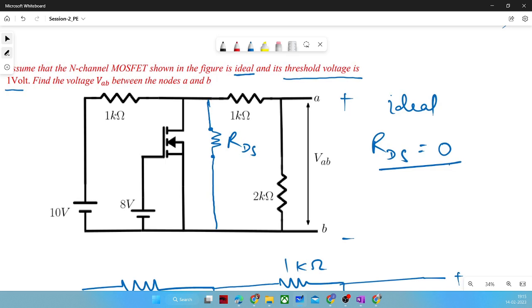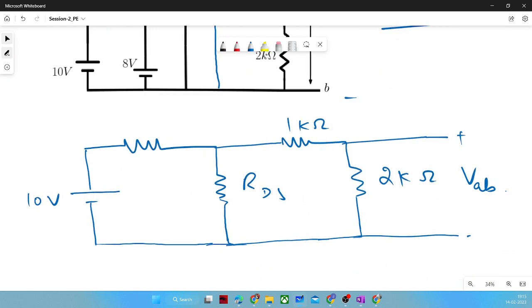After the assumption of RDS equal to 0, this element will be replaced with a short circuit wire, and once this wire is shorted, the voltage across it, let us consider X and Y, will be 0.